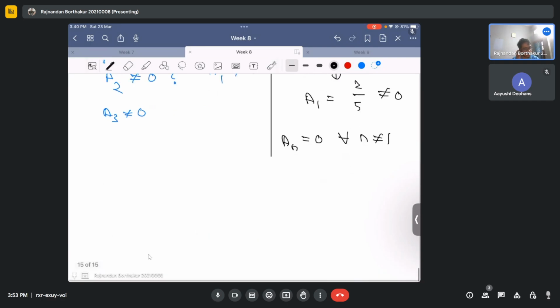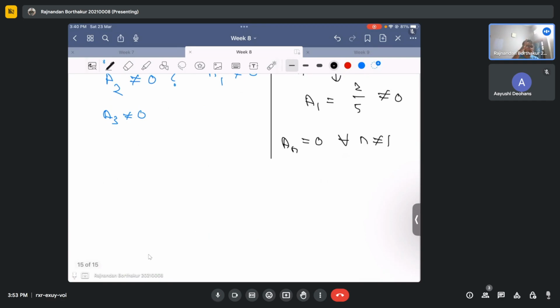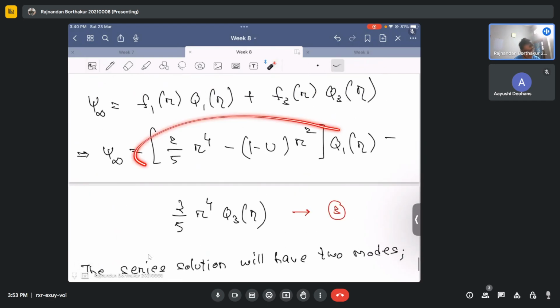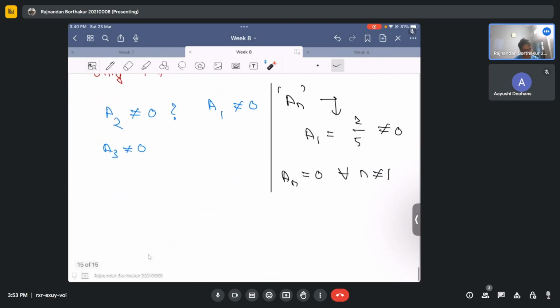That means if I pick n equal to 2, and then n equal to 3 and so on, all these coefficients have to be equal to 0. This is again attributed to the fact that the far field stream function basically satisfies this form. So that's the logic, as you rightly pointed out. I have safely evaluated the An.